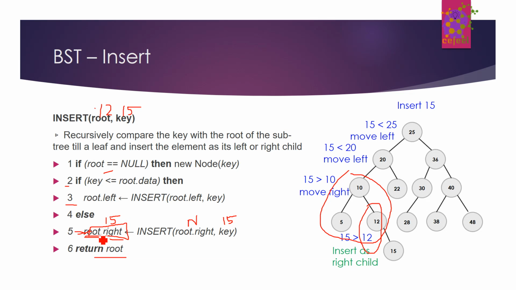In short, once 15 is inserted, it will again return back, and it will return the root now, which means 12 will be returned back to the subsequent previous calls, and finally this will return back, and at the end, once 15 is returned, the recursive calls will end, and then finally the insert process is complete. So this is how the insert process works.